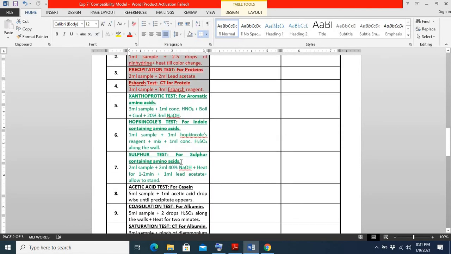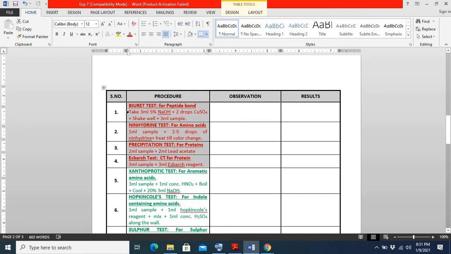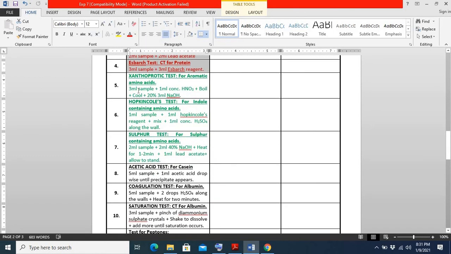One part is to find out whether protein is present in the sample, which consists of these four tests, and the next part is to find out what type of amino acid the protein contains. It would be part 2, and it consists of three tests.